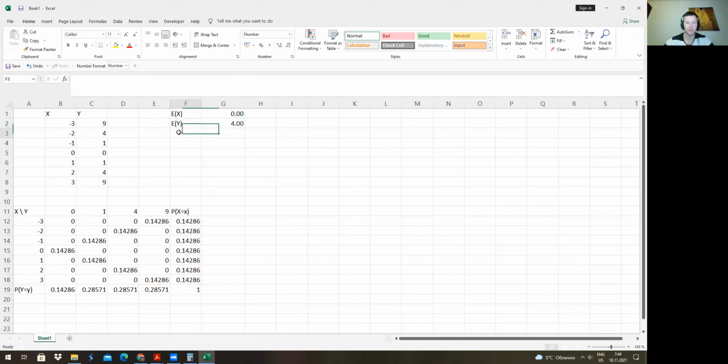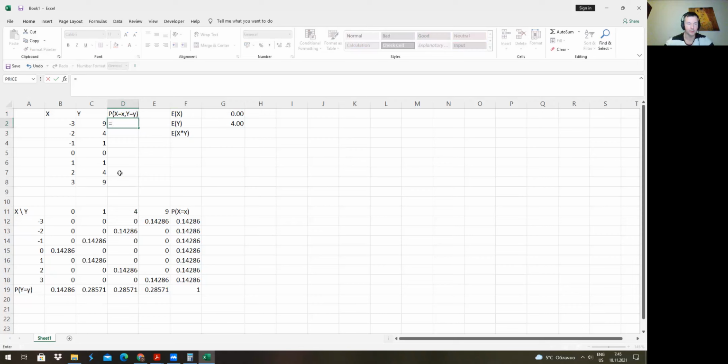So now what is going to be the expectation of x multiplied by y? Just in order to calculate the covariance, we need to know this. So wait a second, how should I calculate it? I have only 7 values here. So let's say x equals x and y equals y.